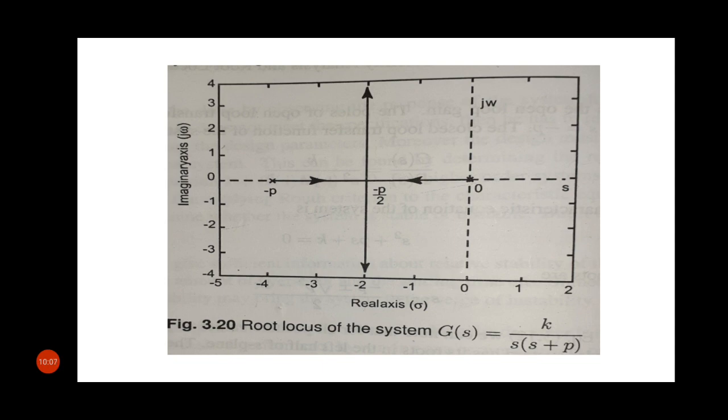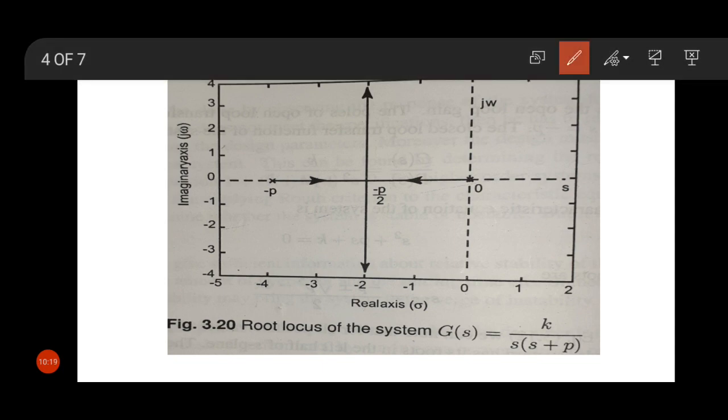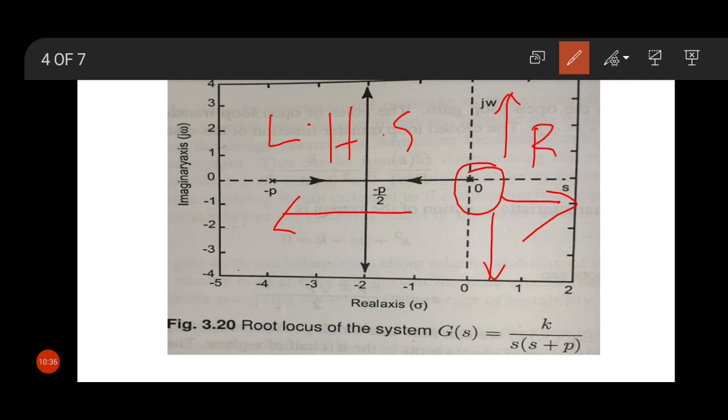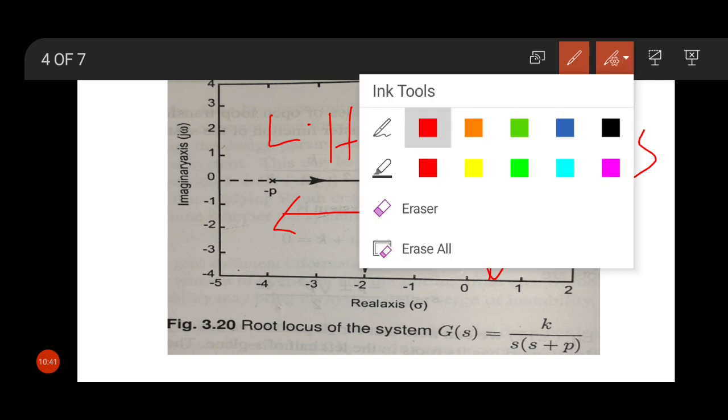The horizontal axis is the real axis and the vertical axis is the imaginary axis. This is our origin, this is our left hand side, and this is our right hand side.